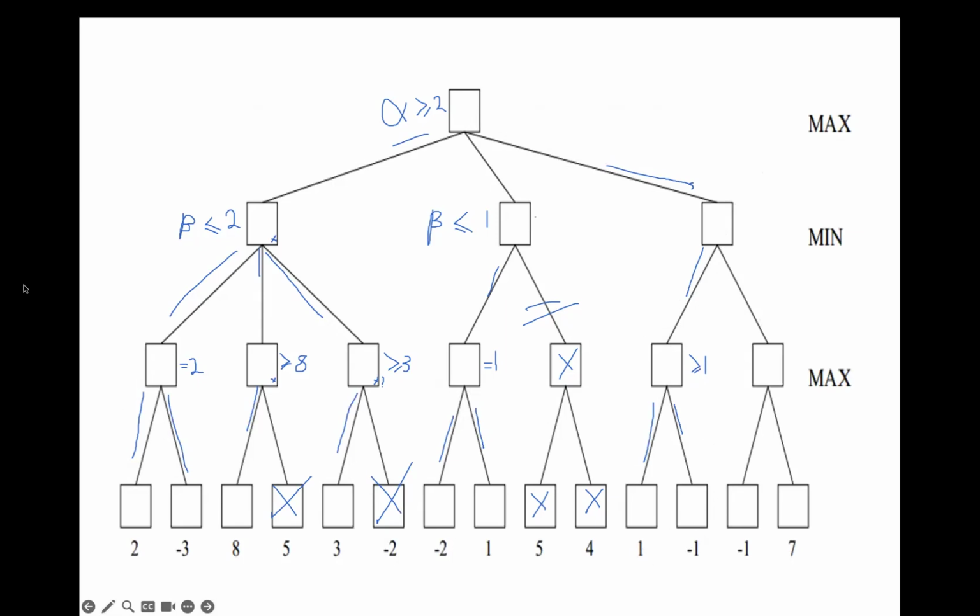So we are now sure that the value of alpha is a 1. Now we can propagate something, we can have an estimate. Here we can only have a definite or an absolute value when we consider the value that's here.